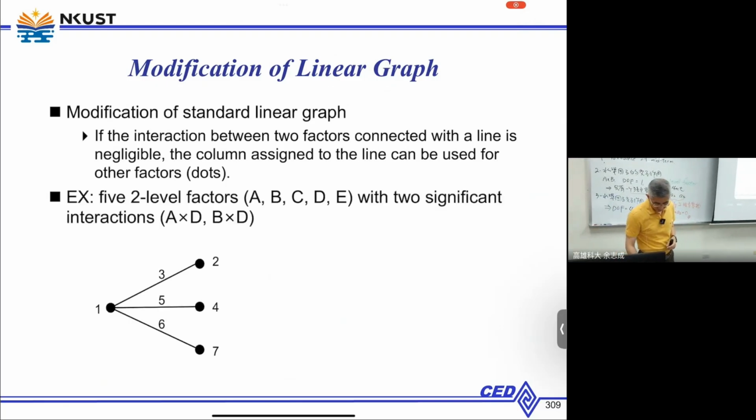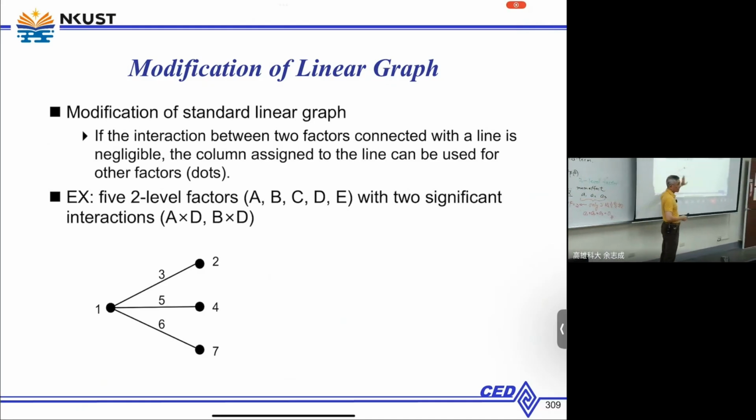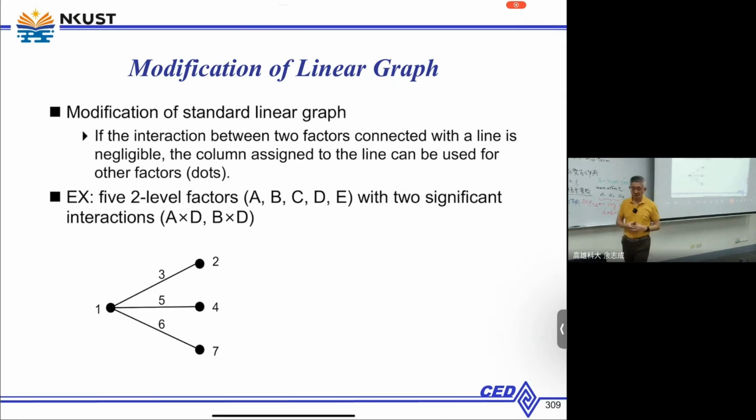So for instance, here, if you have 5 vectors and 2 interactions, this is a 2-level example. As you can see, this linear graph is not enough, because you only have 4 dots, but you have 5 two-level factors. But you only need 2 interactions, and this has 3 lines. Therefore, 1 line will not be used.